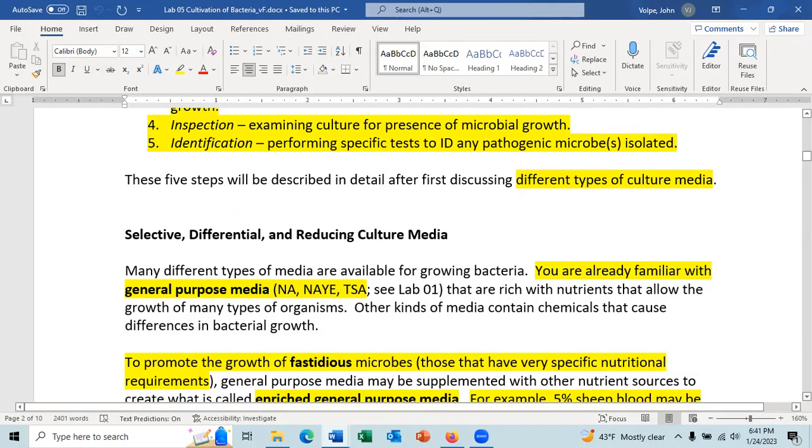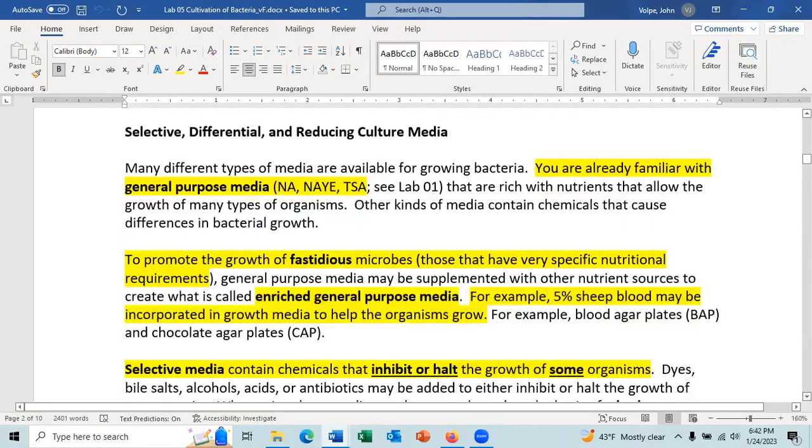There are some fastidious microbes that will not grow on a general purpose media. And to promote their growth, you have to use enriched general purpose media. For example, you can add 5% sheep's blood to tryptic soy agar to get a growth medium to help organisms grow.